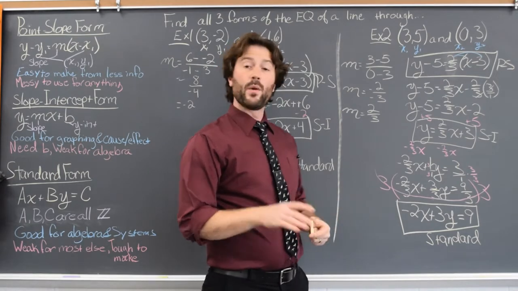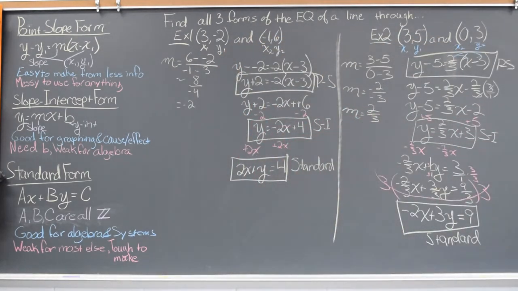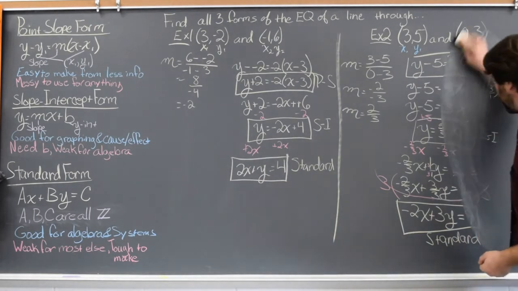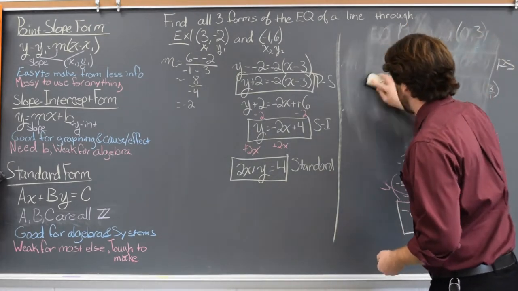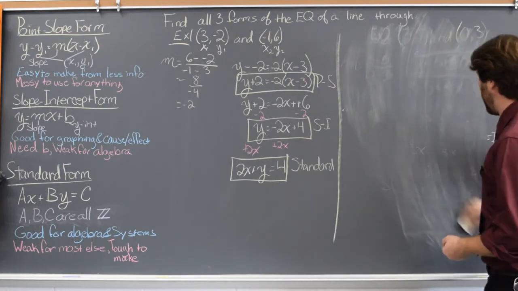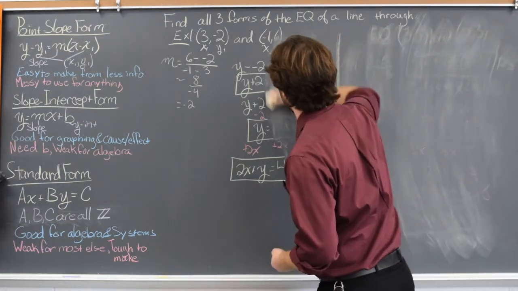Okay, let's take a look at a couple more. I'm going to get an eraser. Now we have the same directions. I'm going to give us a couple of points, and we want to find all three forms of the equation that goes through those points.